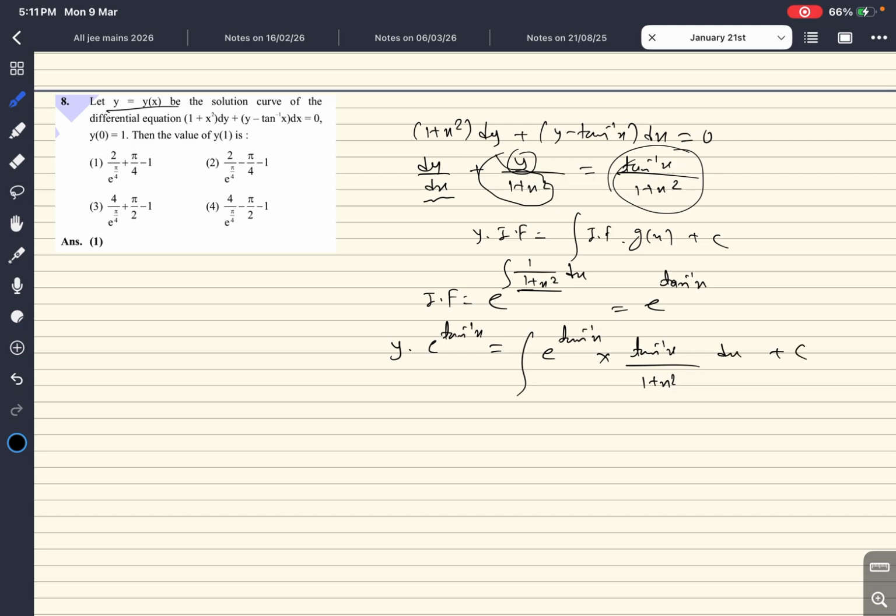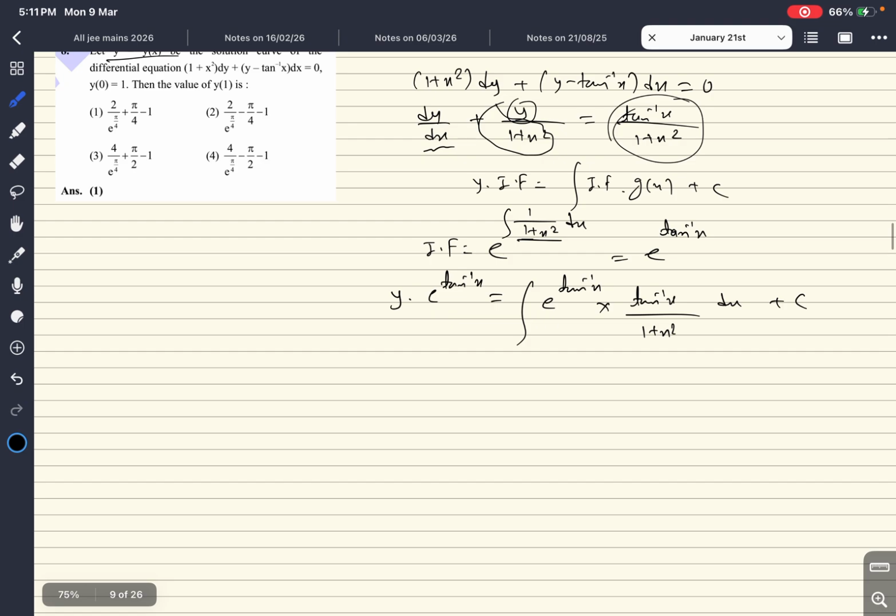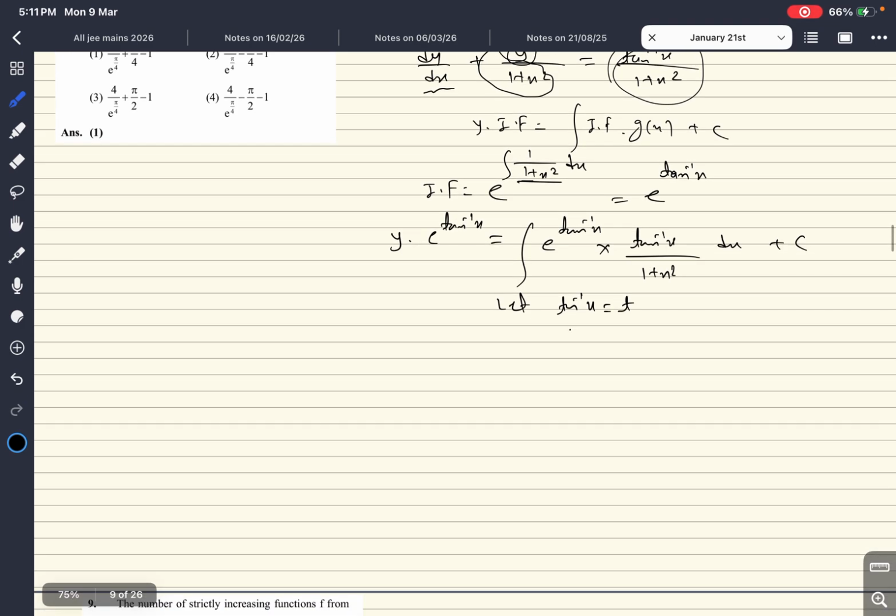So here directly you can see, if I put tan inverse x is equal to t, then if I differentiate this, dt is equal to 1 upon 1 plus x square dx. Correct.